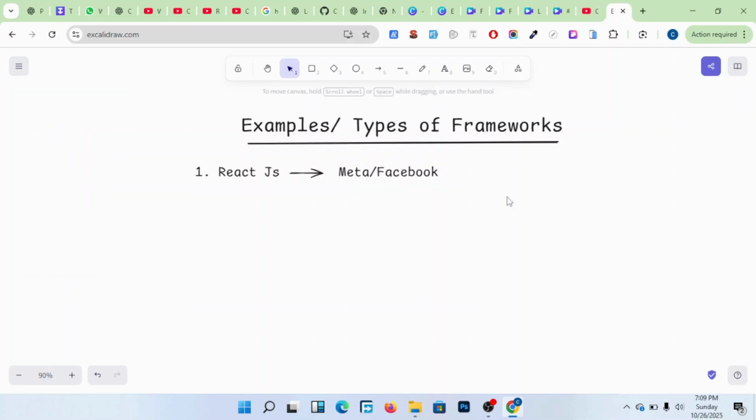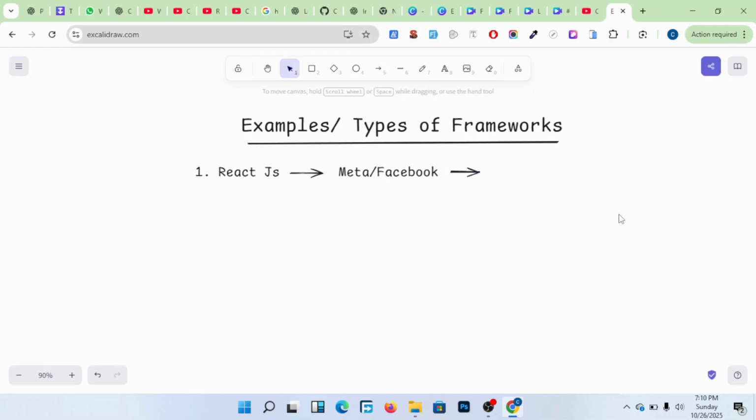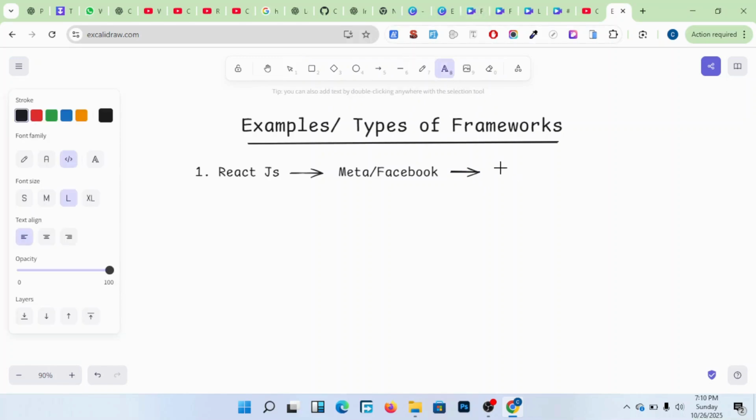This one is used to build user interfaces with reusable components. It's used to build better user interfaces, better UIs, with reusable components.